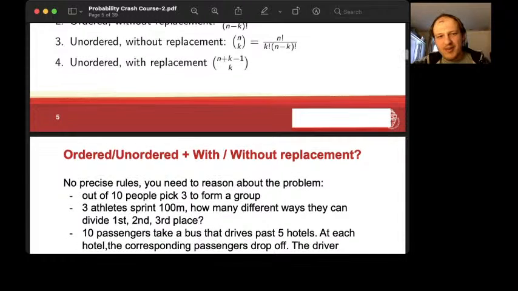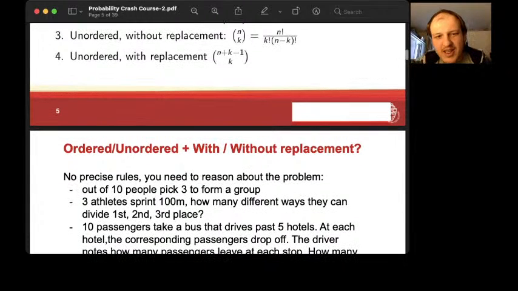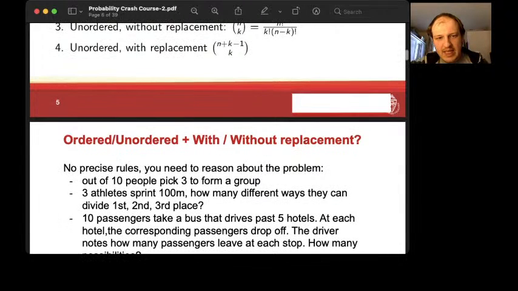Sorry, I didn't prepare the answer, it's just the basic logic of how you pick which formula it is. So n is the bins in which you put the stuff, and k is your samples.